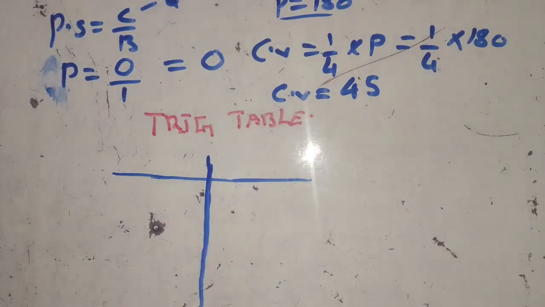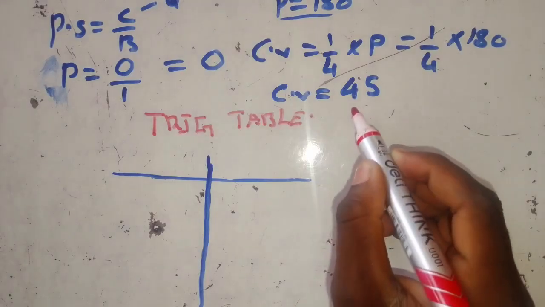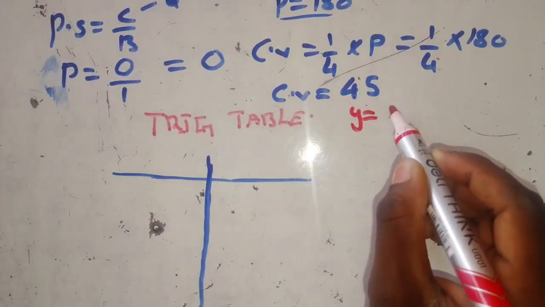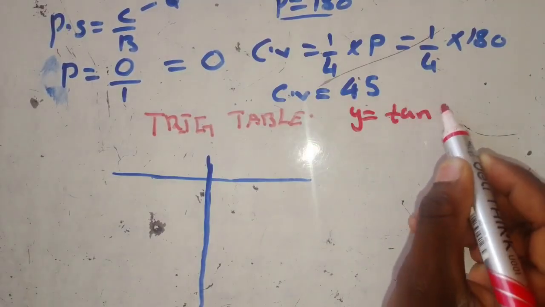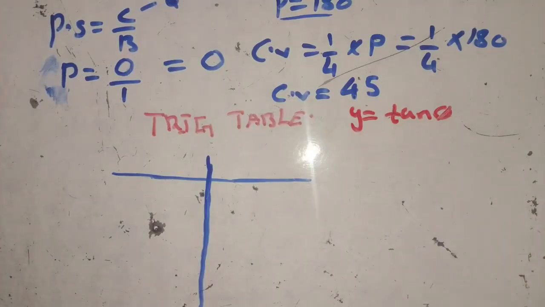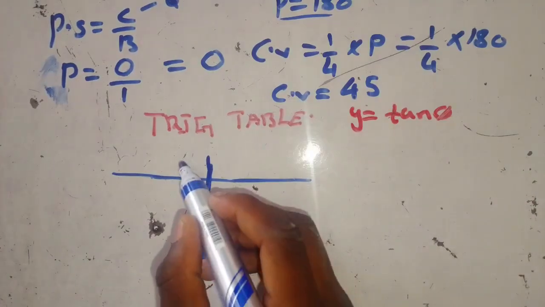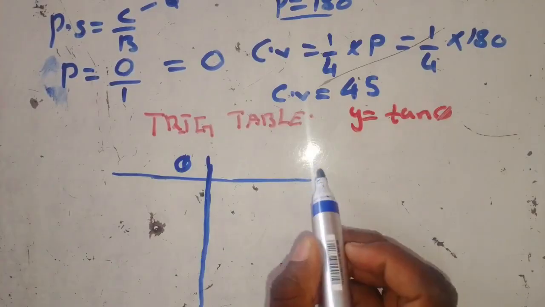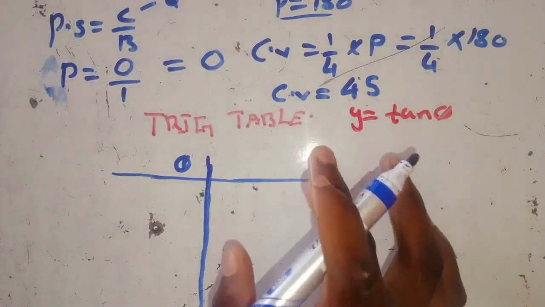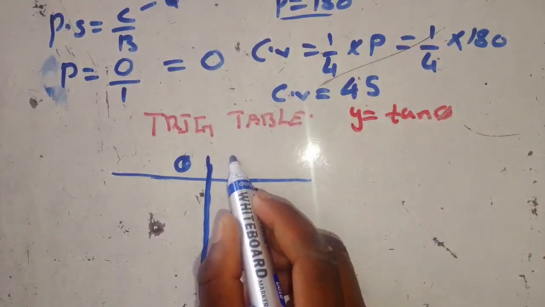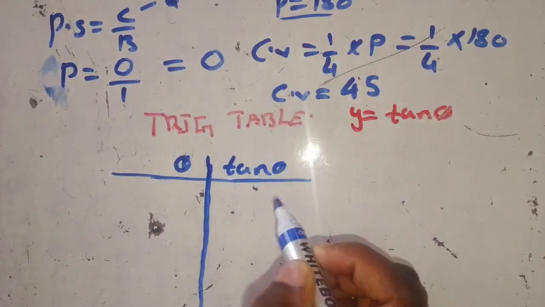So first of all, let's just rewrite the function. The function was y is equal to tan theta. On this side we're going to have theta, and on this side we have the function, which is tan theta.